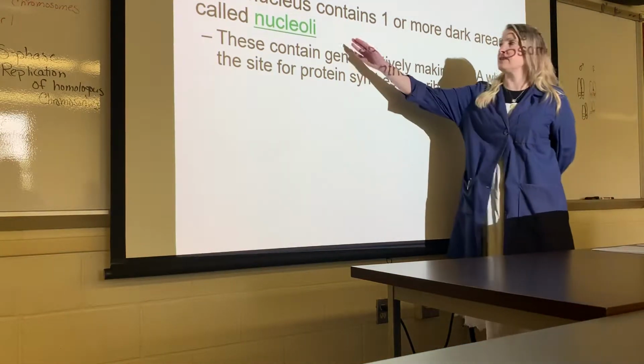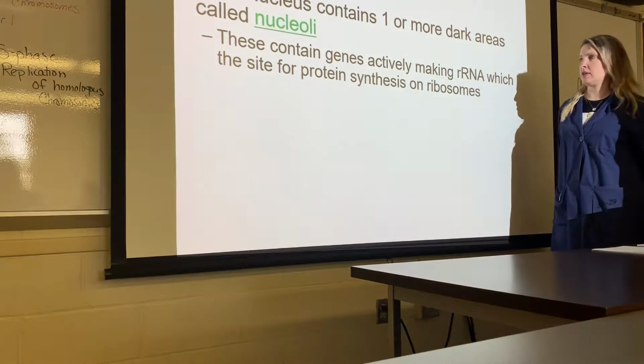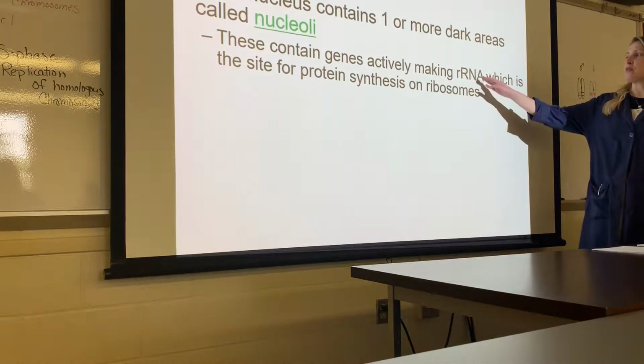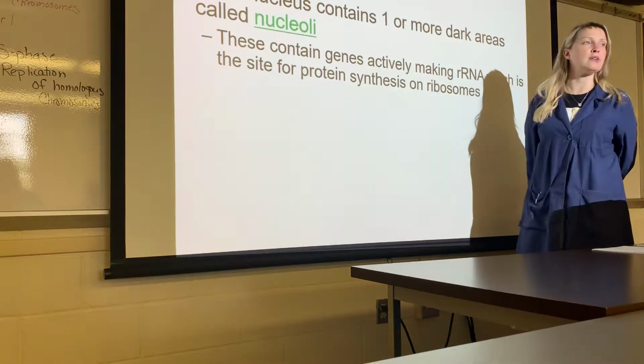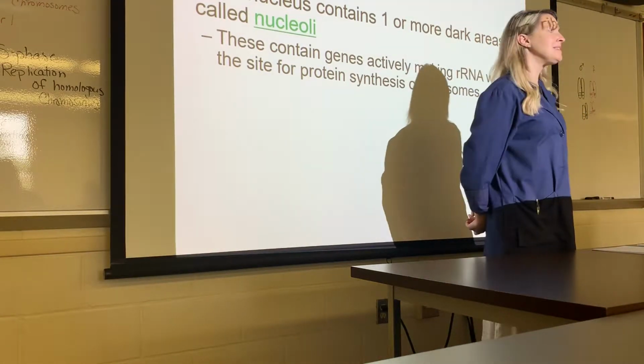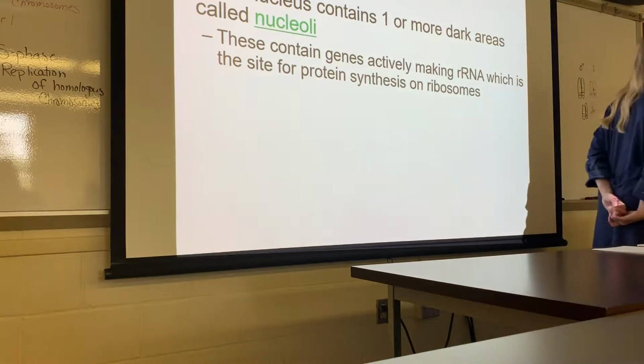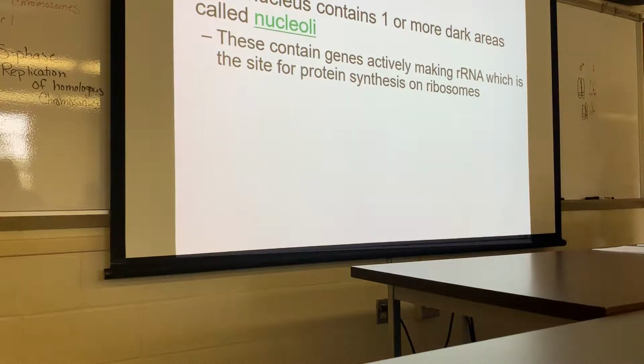The nucleolus of a cell makes ribosomal RNA, which is going to be associated with the ribosome and is the part of the ribosome where the protein synthesis takes place. Protein synthesis, also known as translation.